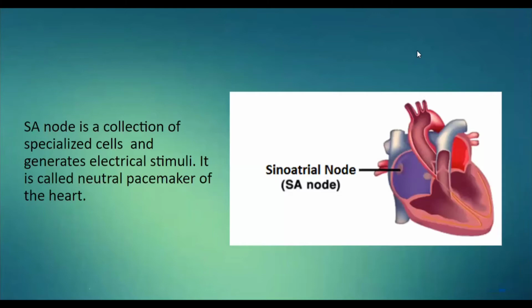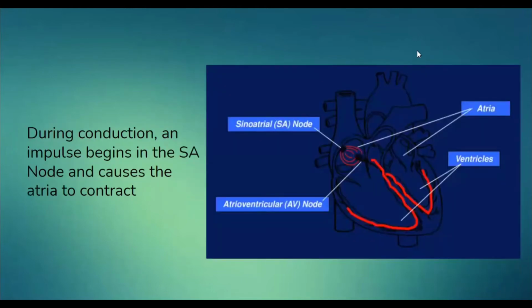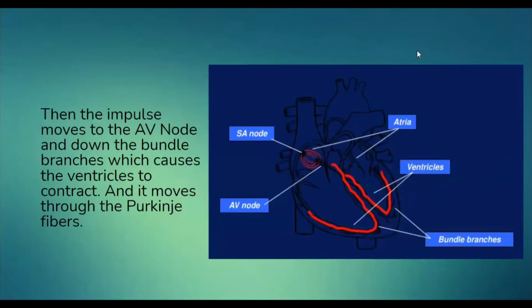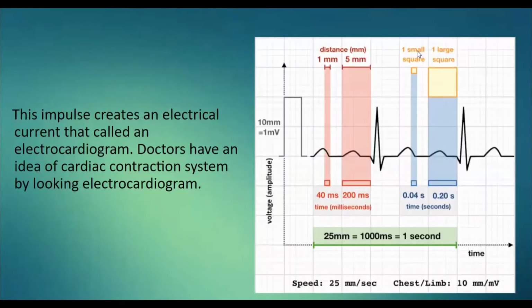And the SA node is very important for us because it generates electrical stimuli, so it's called the natural pacemaker of the heart.